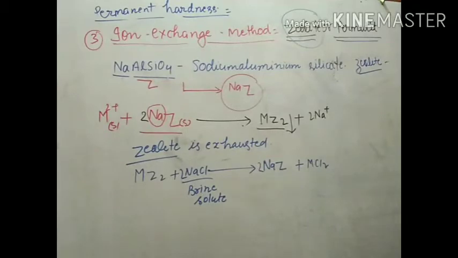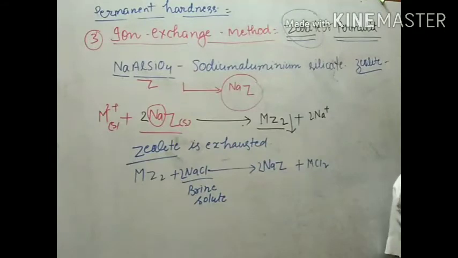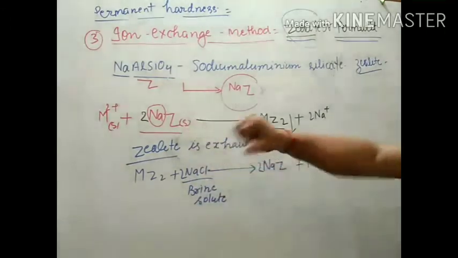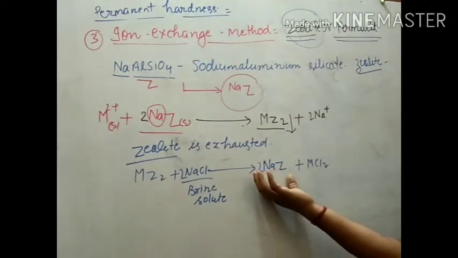So when exhausted, we can regain the zeolite. How can we regain the zeolite? By passing zeolite through brine solution, we get the regenerated zeolite.